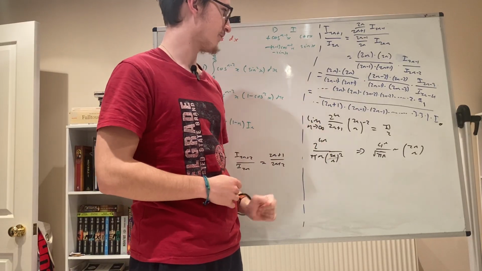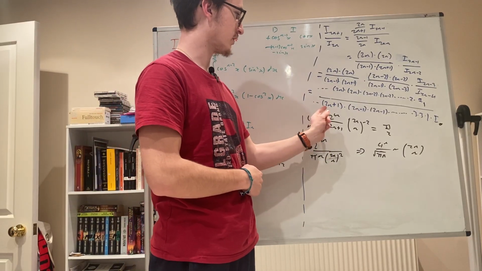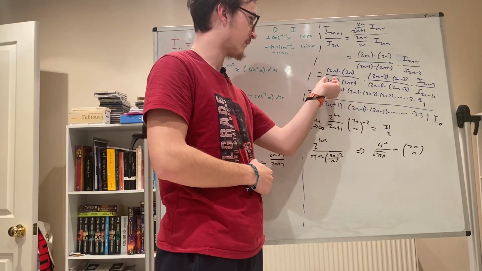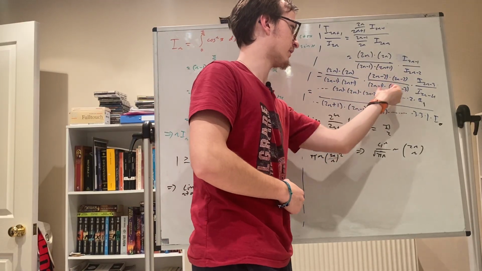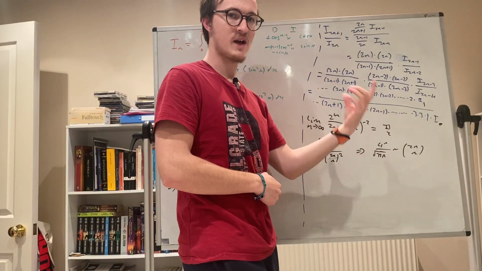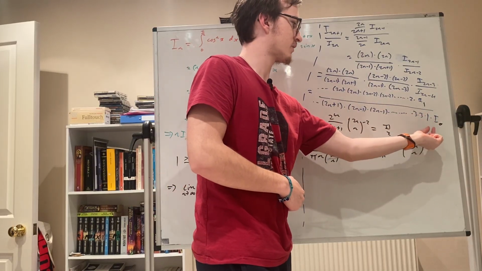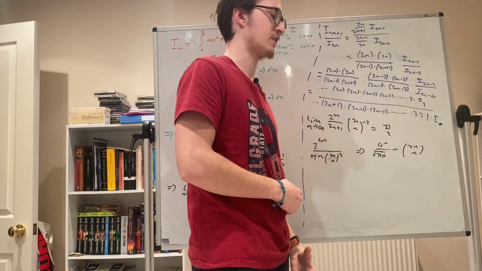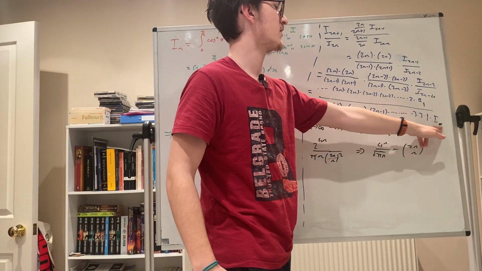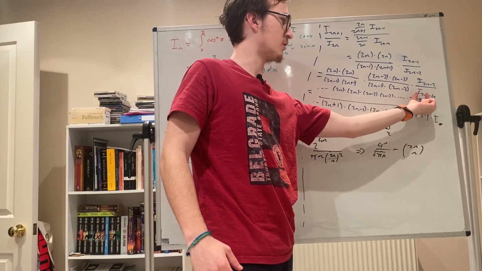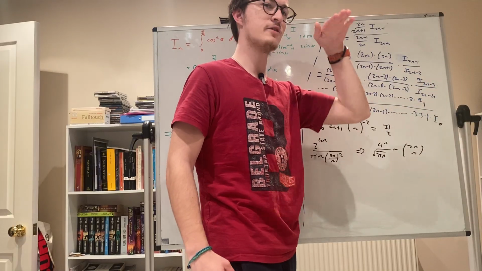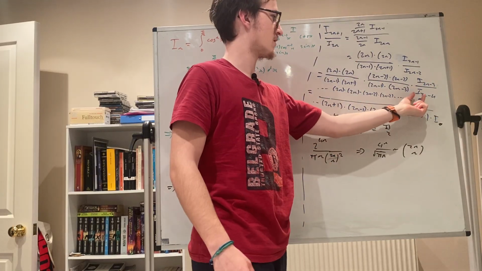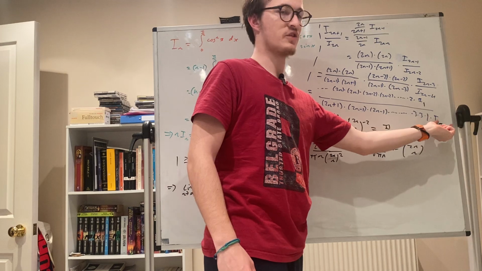And on the bottom, we get 2n plus 1 times by, and then we have two lots of 2n minus 1, and we'll get two lots of 2n minus 3, and we'll keep on getting pairs of odd numbers until 1, which of course doesn't really affect anything anyway. And then at the bottom, since we keep going down the even numbers, we end up just at I0.